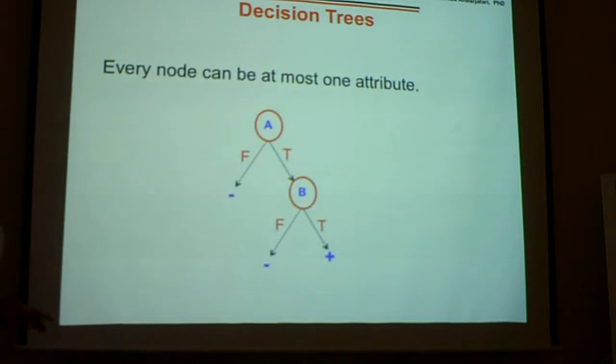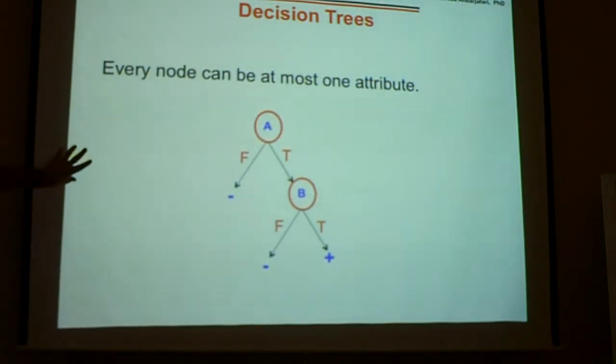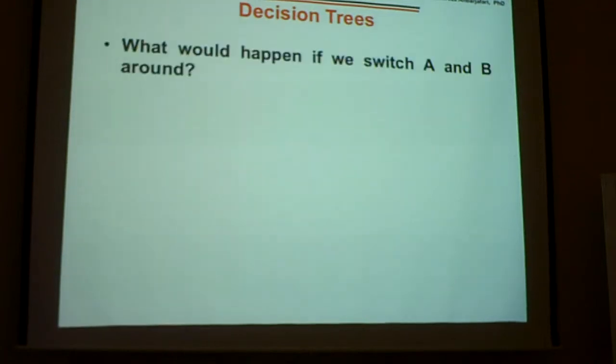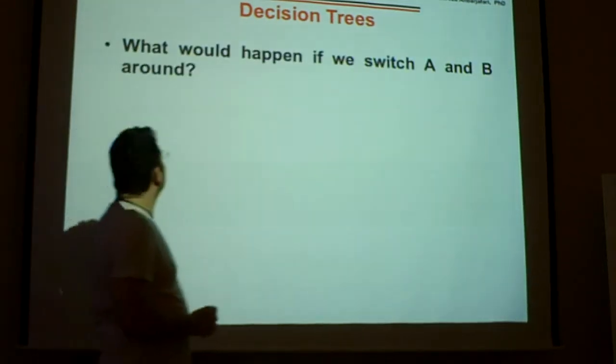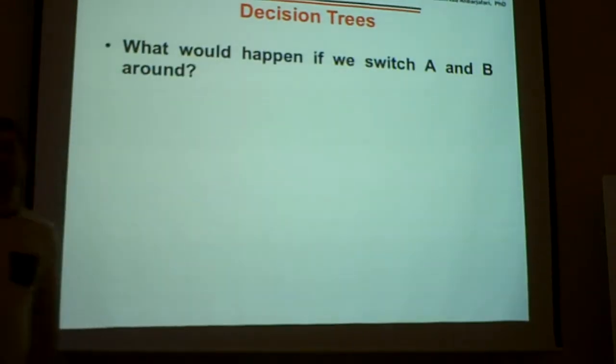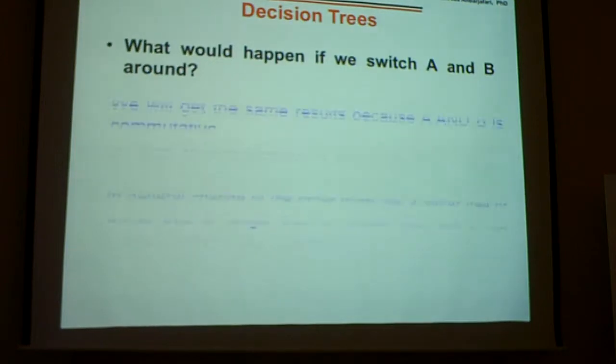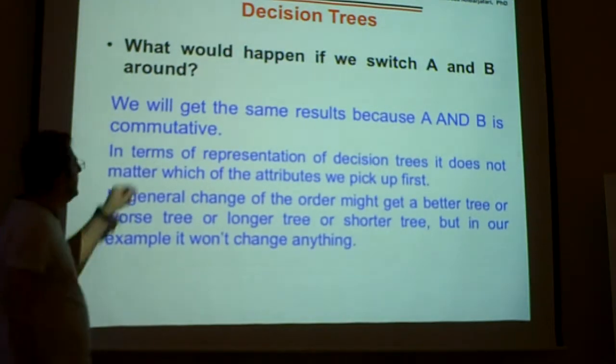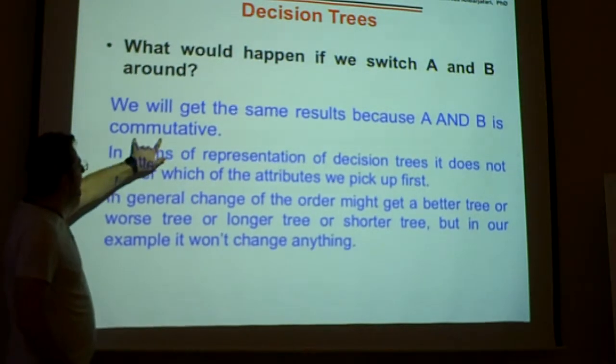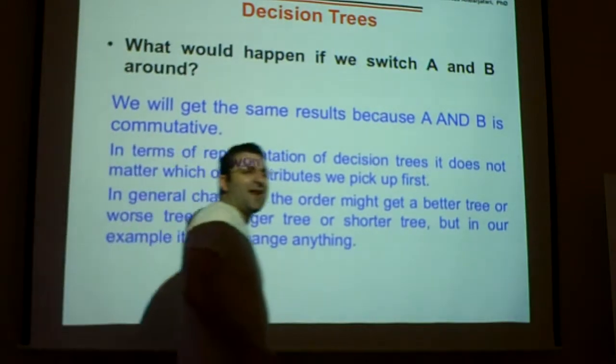We understand that we can switch between A and B. I could start from B. Why is that? Why, if I switch A and B, will nothing happen? Because AND is an operator which is commutative.